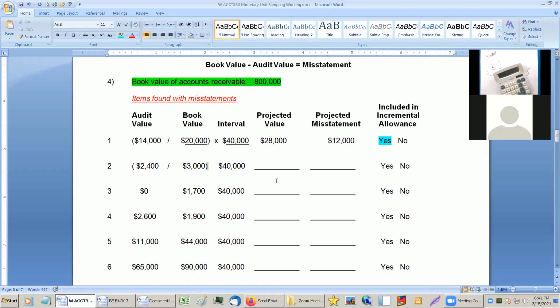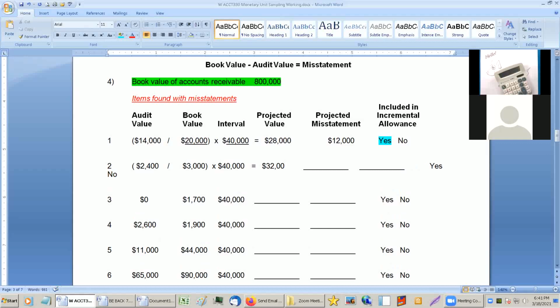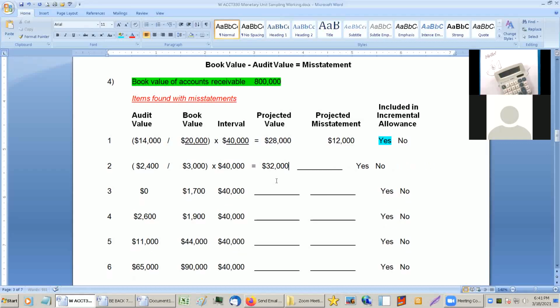$2,400 divided by 3,000. $32,000. So, what would that be? 8,000.